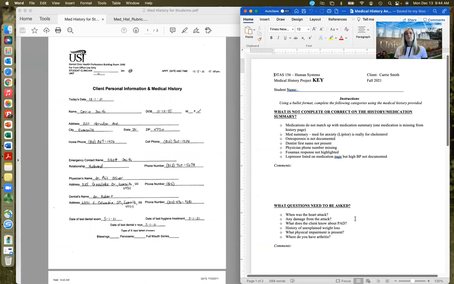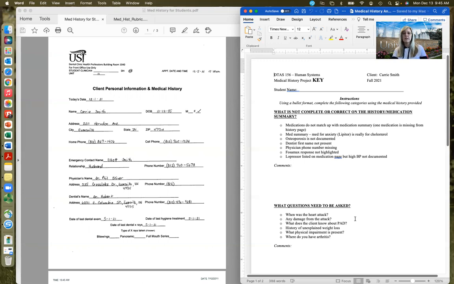You need to ask questions based upon the answers that your patient gave you on the med history or based upon the areas that they did not fill out on the medical history. Okay. But your job as the dental assistant is to be an investigator, and your job is to find out more in-depth answers so that we can have a really clear picture of this patient's med history before proceeding with any dental treatment.